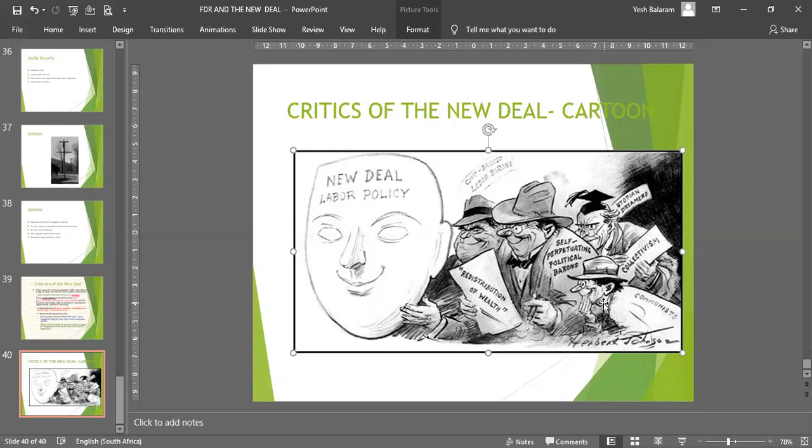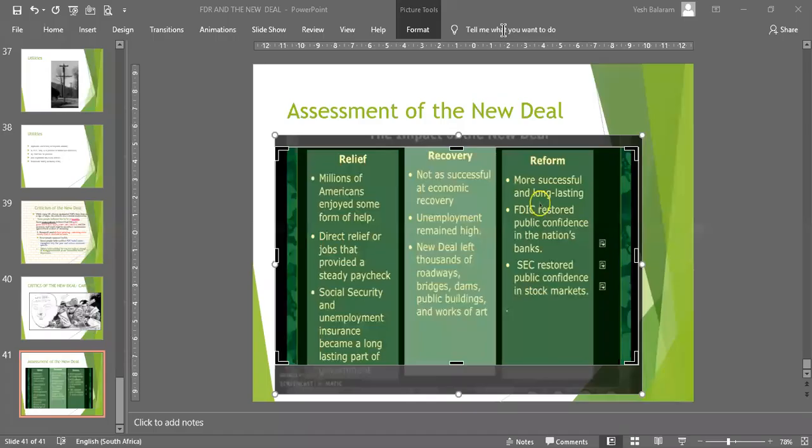And there would be utopian dreamers. Utopian means this ideal society would be created, but that would be by a handful. So there were various entities that were dissatisfied with Roosevelt's New Deal. Overall, however, it must be stated that the New Deal was largely successful in helping the United States come out of the Great Depression.